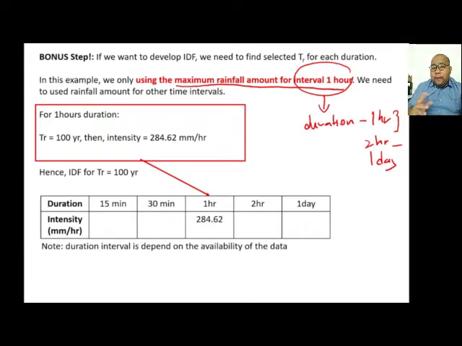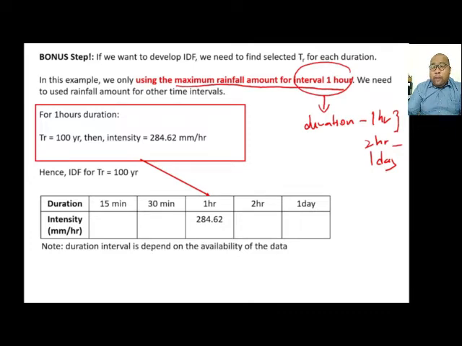Probably I have this question from you guys: Doctor, how do we obtain it for 15 minutes and 30 minutes? For our case, since the observed data that we obtain from the DID is hourly, we cannot find it for 15 and 30 minutes, unless you deploy another method we call the disaggregation method.